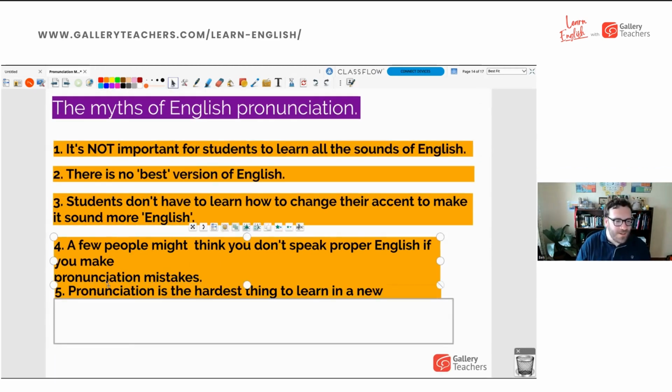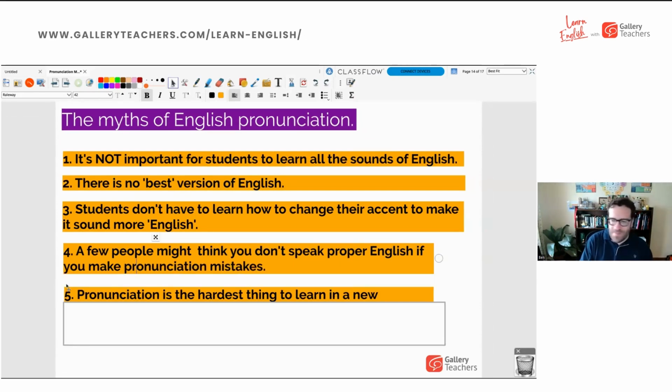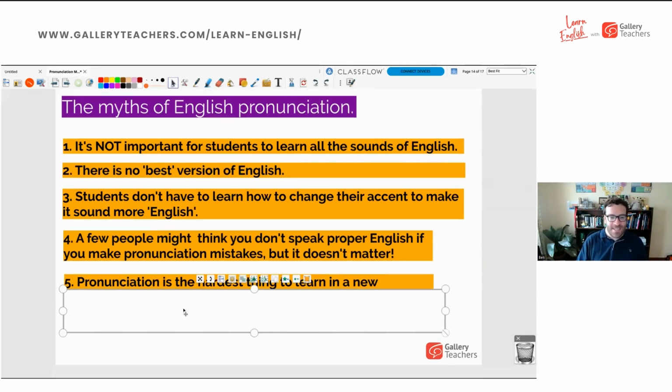It's not important. Try and correct pronunciation mistakes as long as they don't affect communication. But it doesn't matter, okay? If you're speaking English and you can communicate, it doesn't matter.